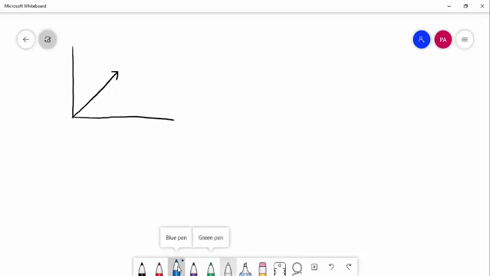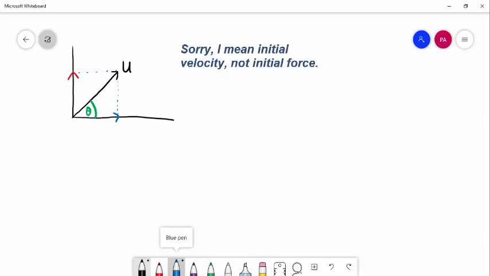If we have the angle of the thrown object, then we can find the x component and y component. So if this is the initial velocity, we will have an initial velocity in the x-axis and an initial velocity in the y-axis.